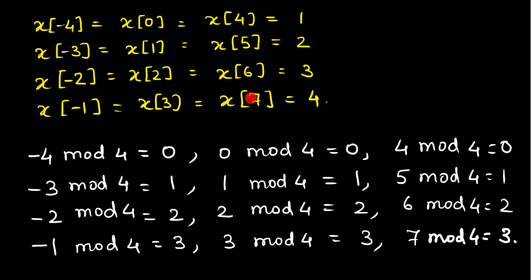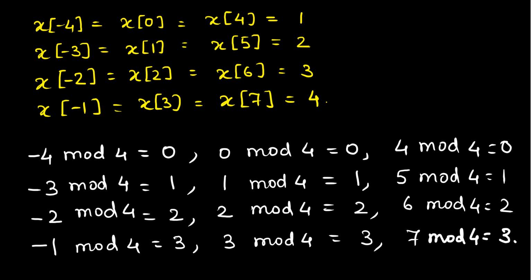So what we can see here is, if the value of small n modulo capital N is the same for different values of n, then we are going to have the same range value for the given signal.